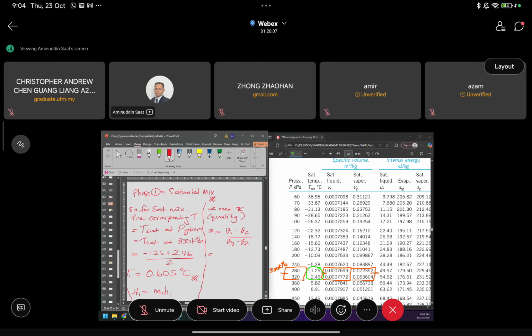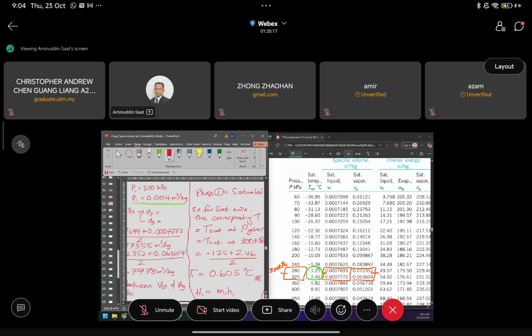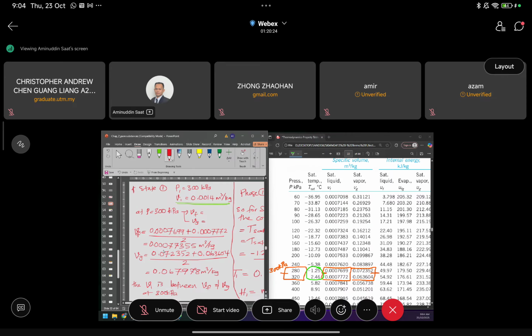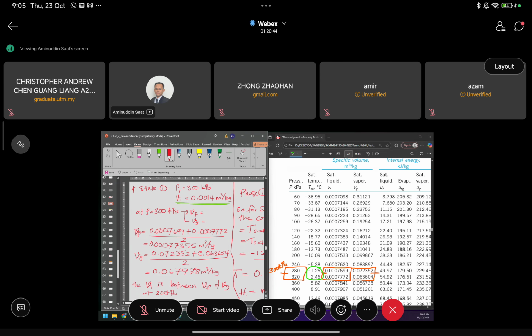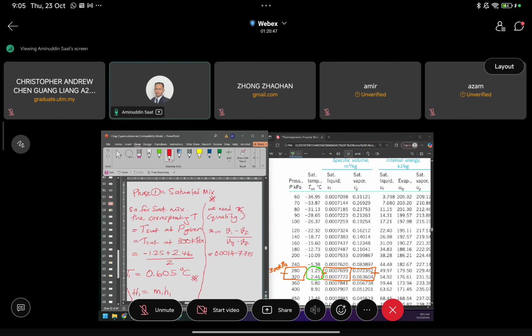And VF is a bit longer: 7.7355 times 10 to the power of negative 4, divided by VG minus VF.